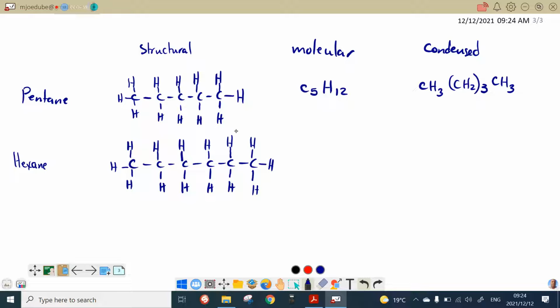Count the number of carbons that you have. So you've got C6, and then count the number of hydrogens that you have. You find that you've got 14, C6H14, and then the condensed formula is going to be your CH3, and then have a look at this. How many CH2s do you now have? You will discover there should be 4. 1, 2, 3, 4.